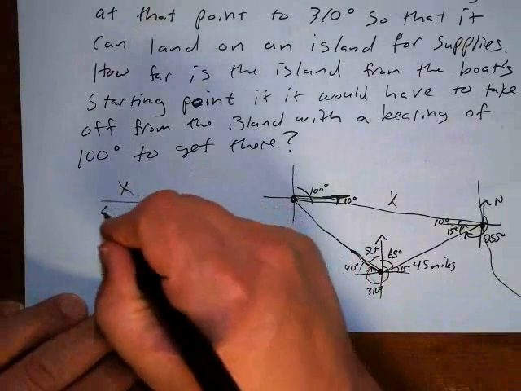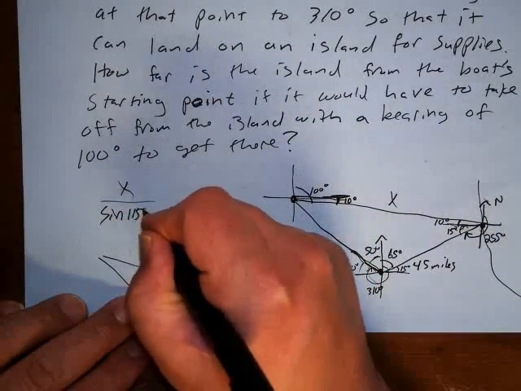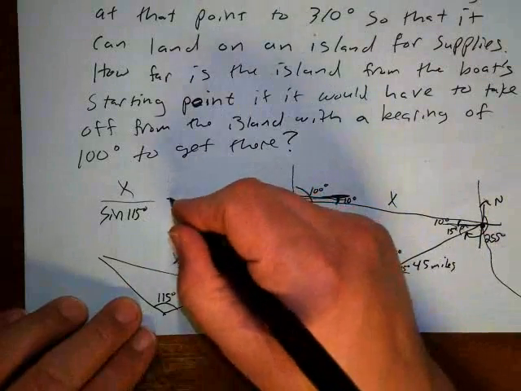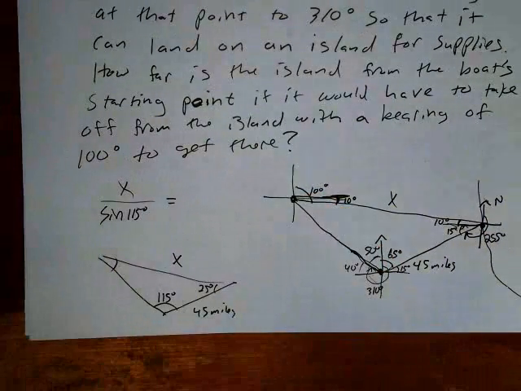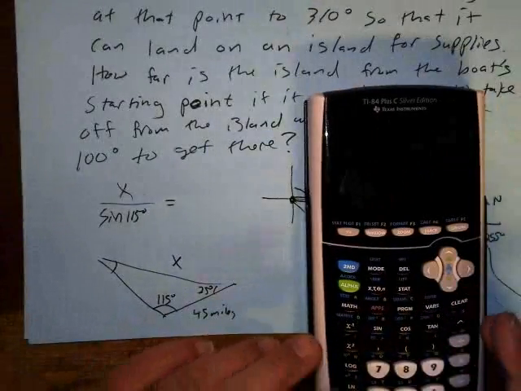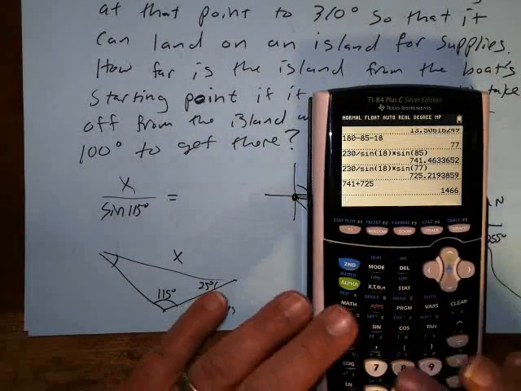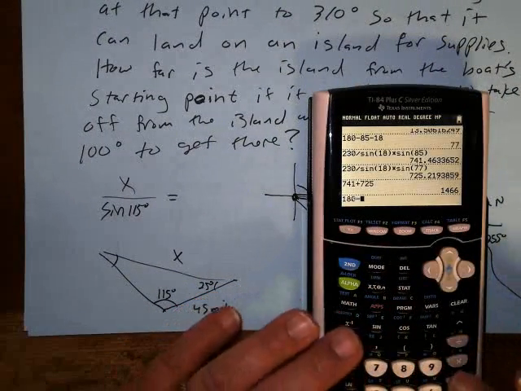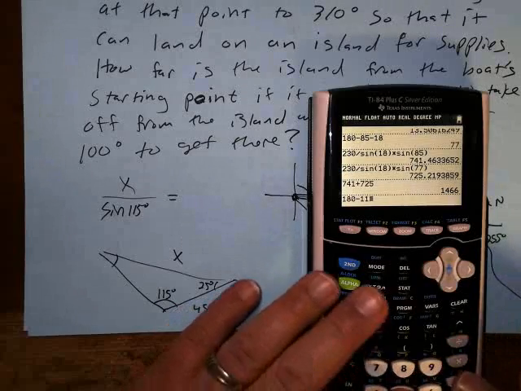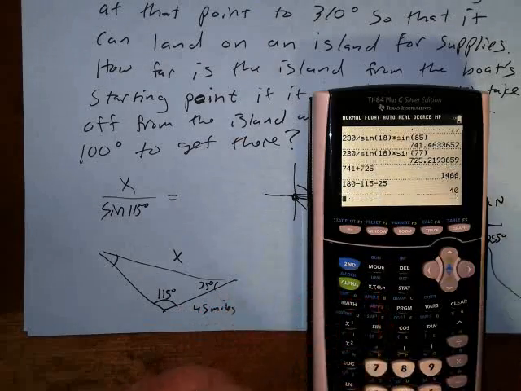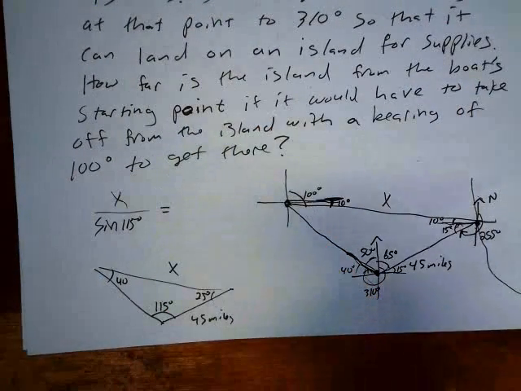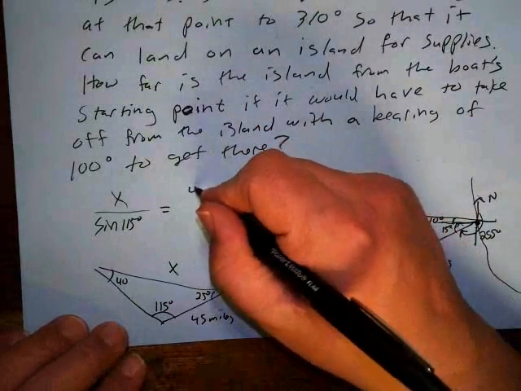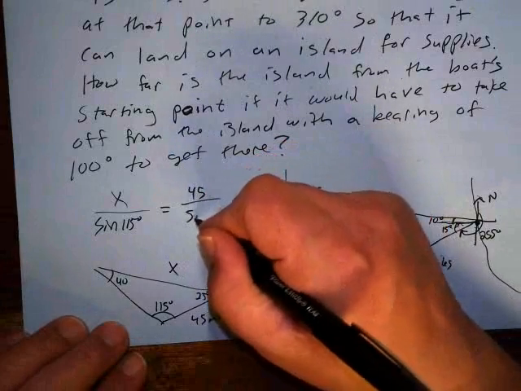So I've got x is to the sine of 115 degrees as, oh, I need this angle, don't I? So 180 minus 115 minus 25, and it looks like this one's 40. So as 45 is to the sine of 40.